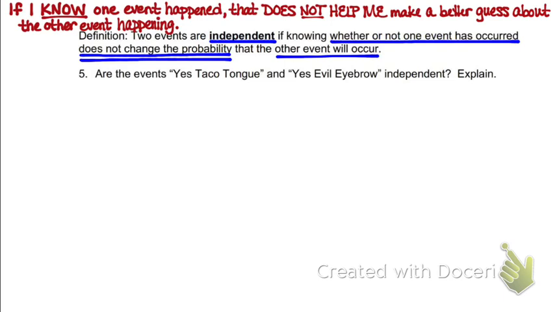So looking at the answers that you wrote down to number 3 and number 4, does it appear that these 2 events are independent? If you know somebody can evil eyebrow, and then I ask you to guess about whether or not they can taco tongue, is there a better or worse chance that they can taco tongue?